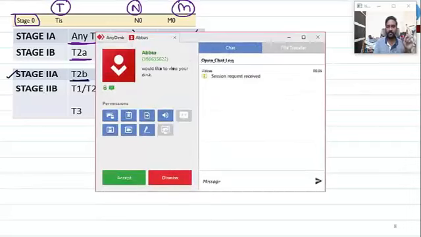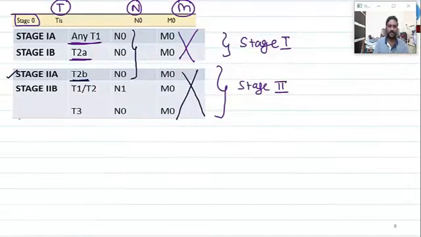Now from stage 2B onwards, there will be N1. So if N1 is involved, what did I tell you? It is the intrapulmonary hilar lymph nodes. So N1 involvement is stage 2B. It can be either T1 or T2. Any T1 or T2 with N1 involvement is called stage 2B.